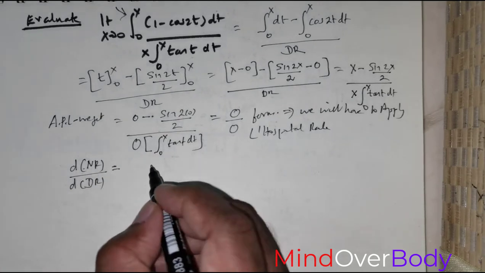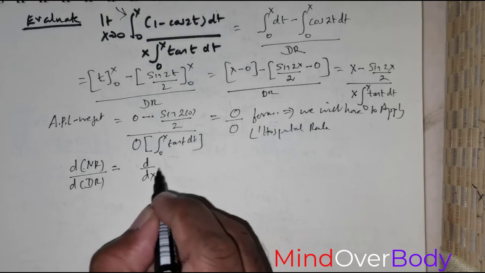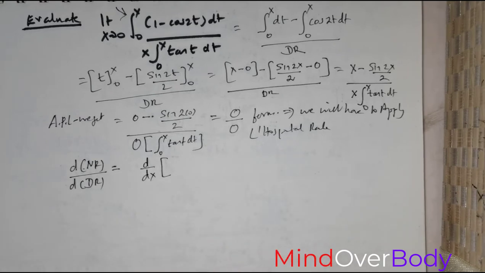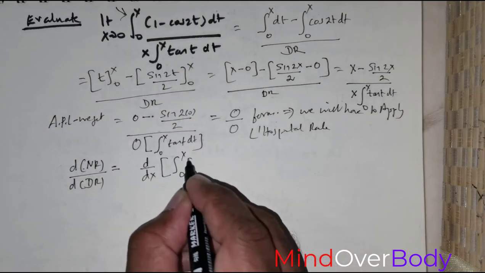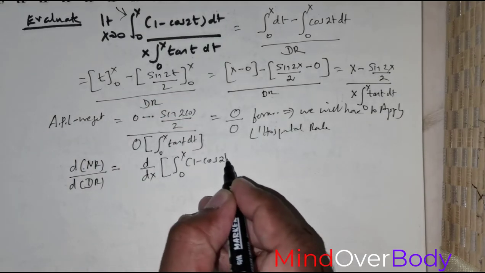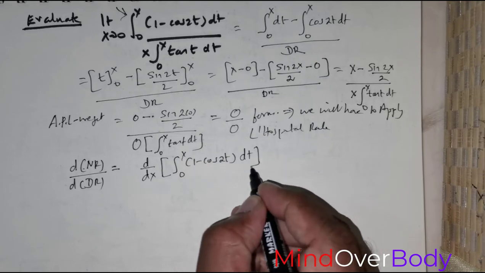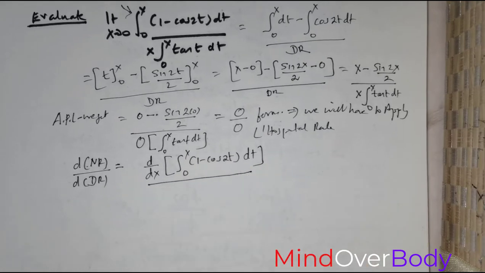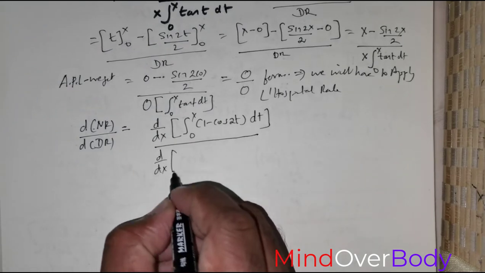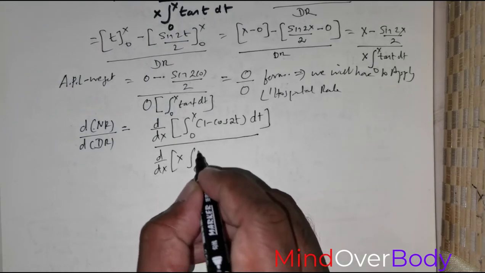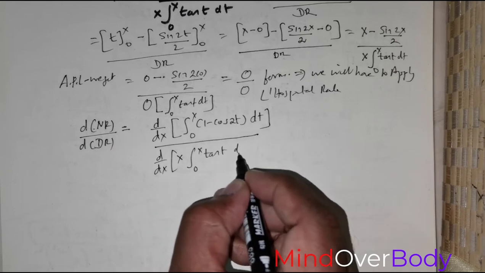So this means d over dx of the numerator. What is there in the numerator? Integral 0 to x of 1 negative cos 2t times dt, divided by differentiation of the denominator. I got d over dx of x times integral 0 to x tan t dt.